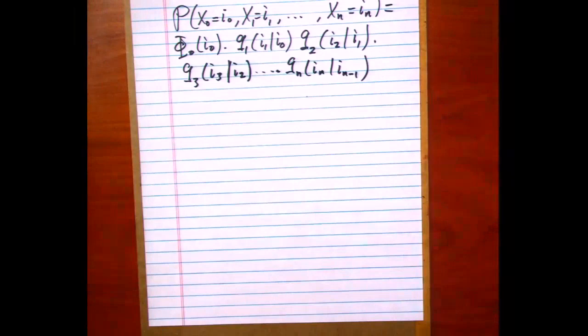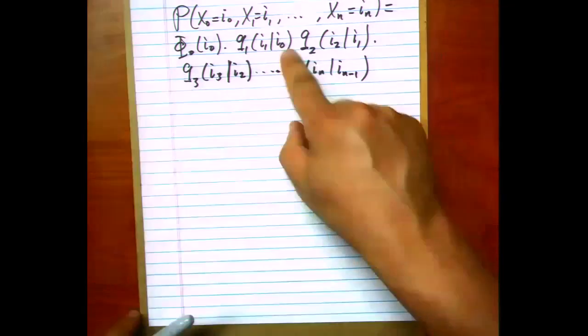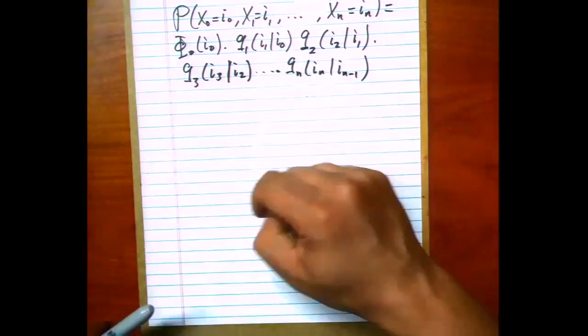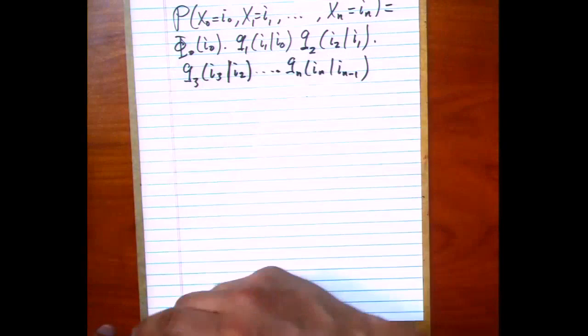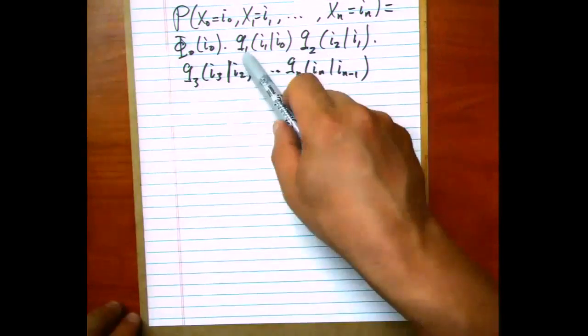Okay, so Markov property simplified the joint probability distribution of the stochastic processes, but it's still difficult to handle because each one of these Qs are just one step transition probability, but they are dependent on the time they made the transition.